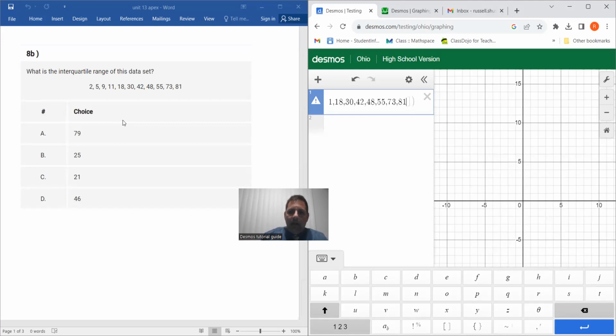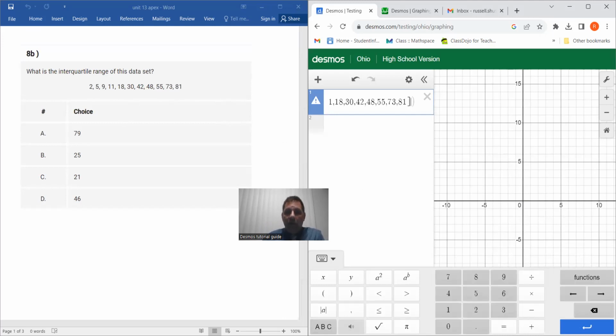And actually, we want to close it off with a bracket. Whoops. There we go. Now, there's, again, both a lower quartile, which is the 25% mark, and an upper quartile, which is the 75% mark. And the interquartile range is the 75% mark minus the 25% mark.